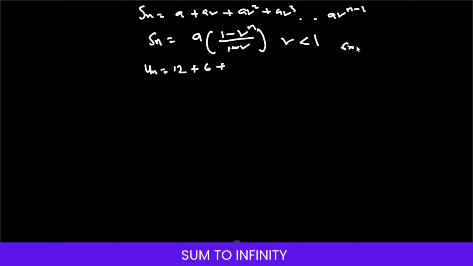Multiply 6 by half, that gives us 3, then 3 by half gives us 3 on 2, then 3 on 2 by half gives us 3 on 4, up to infinity.